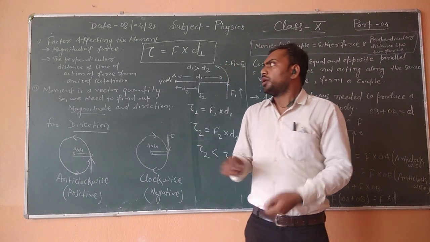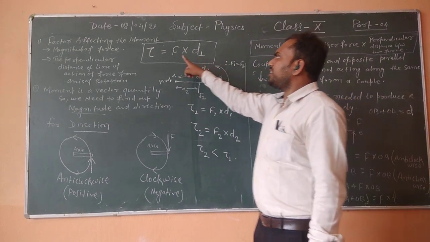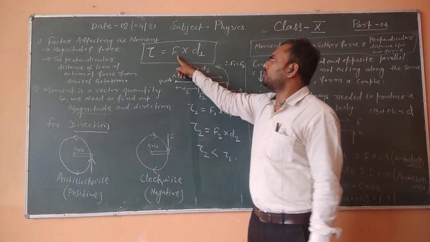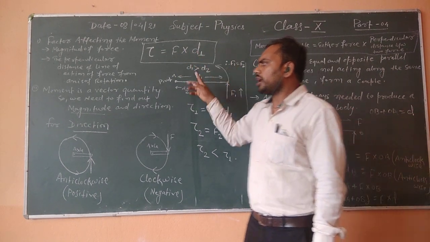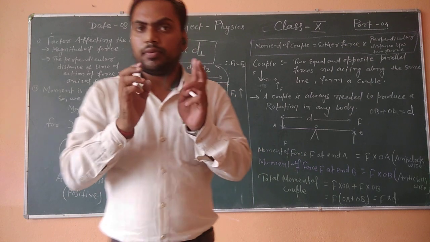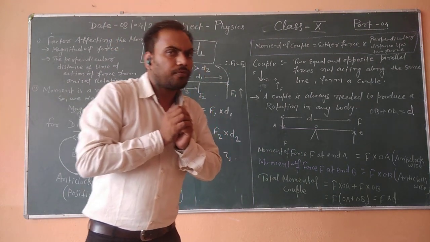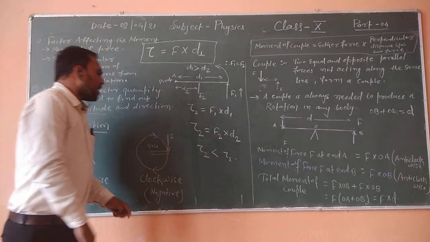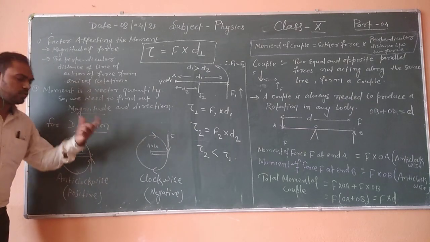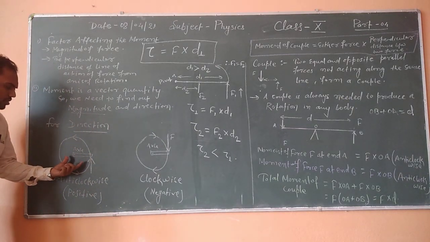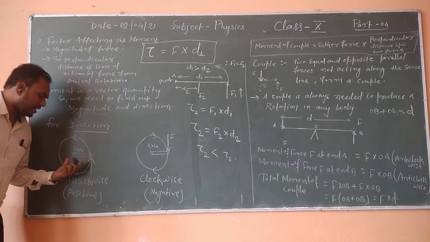For magnitude we will use this formula, force into perpendicular distance. For direction it is tough to find, but I am going to make it easy for you, so please focus on this point.